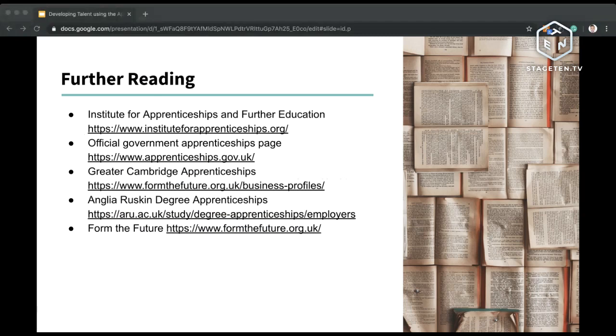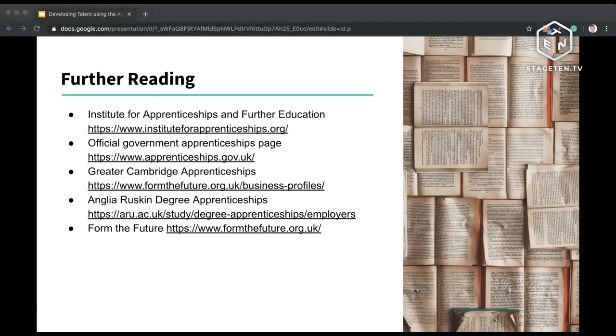And for anyone who is interested in supporting education around apprenticeships as an alternative to university or a different means of education within schools, please reach out to Form the Future. They're an excellent charity.